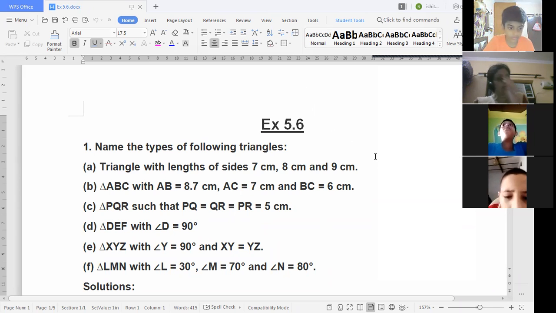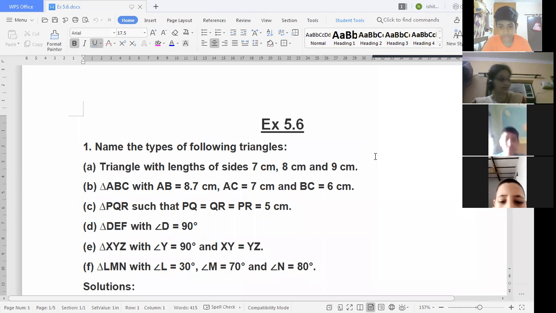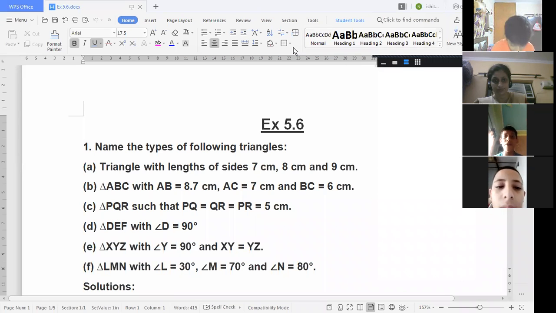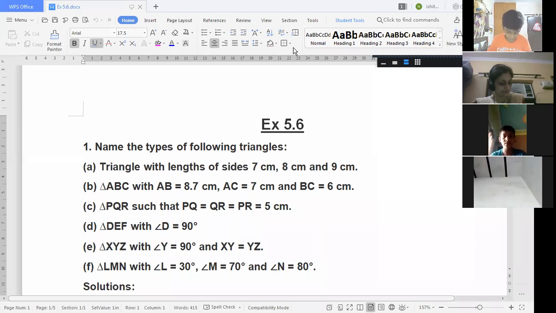Madhav, read the B part. Triangle ABC with AB equal to 8.7 centimeter, AC equal to 7 centimeter, and BC equal to 6 centimeter. Which type of triangle is it?